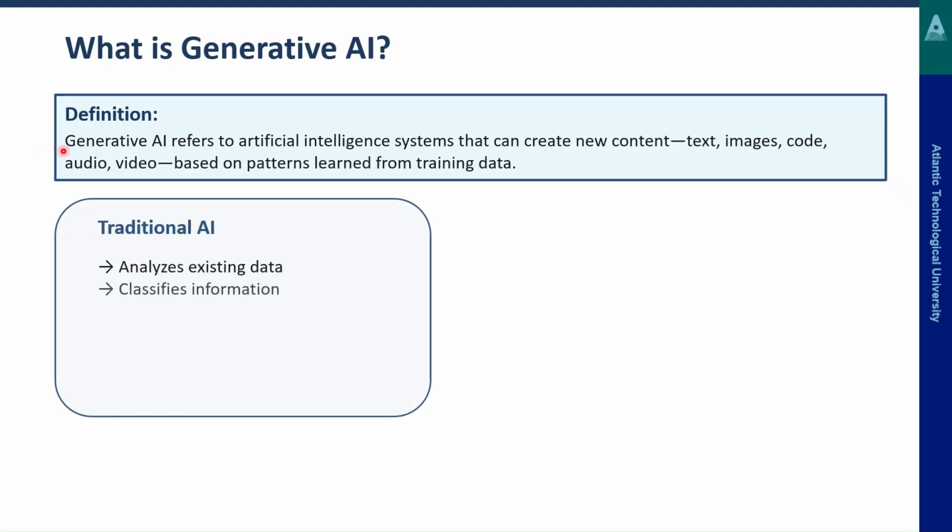If we look at traditional AI, we could use traditional AI models like machine learning models to analyze data. Some of these models were very, very good at classifying information. For example, healthcare diagnoses.